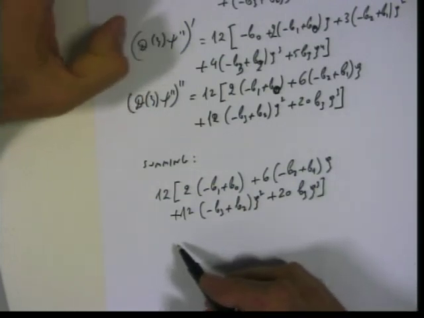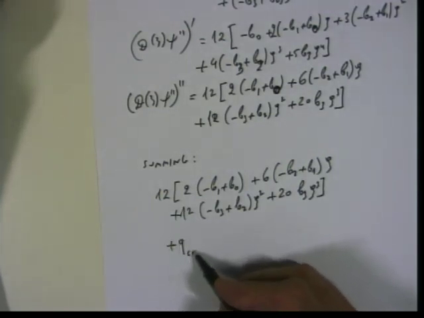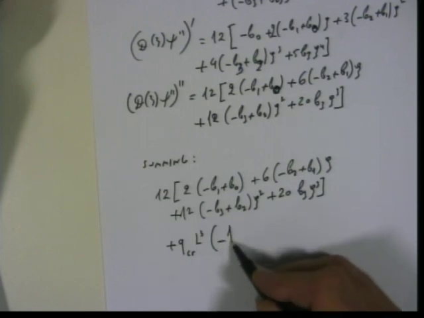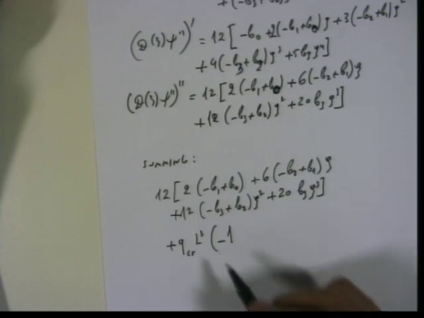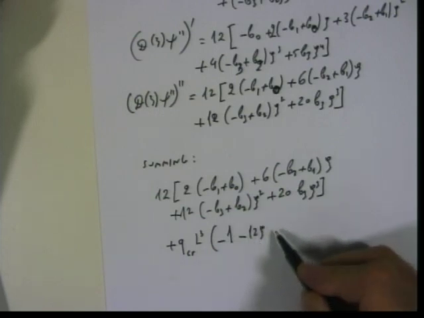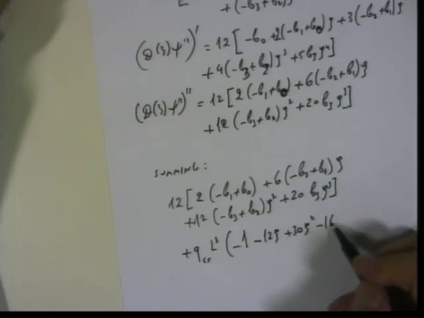And then I'm adding this guy plus q critical L cubed minus 1 minus 12 xi plus 30 xi squared minus 16 xi cubed equals 0.